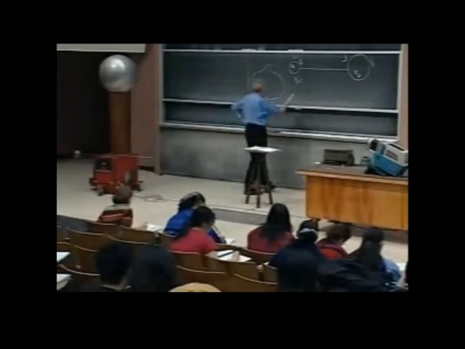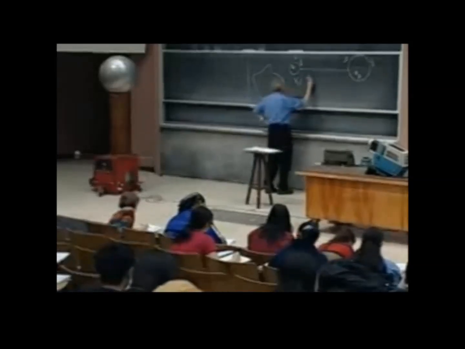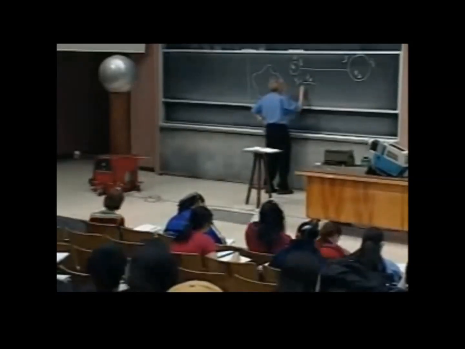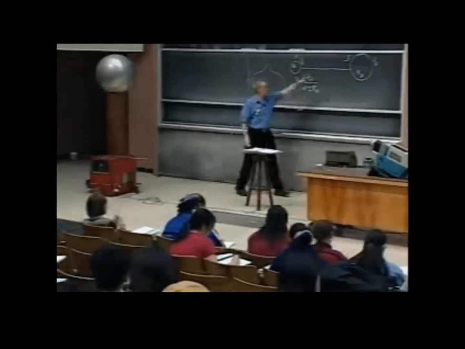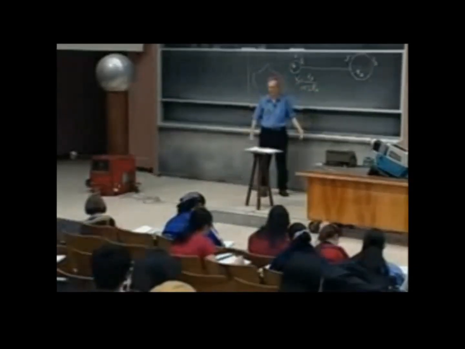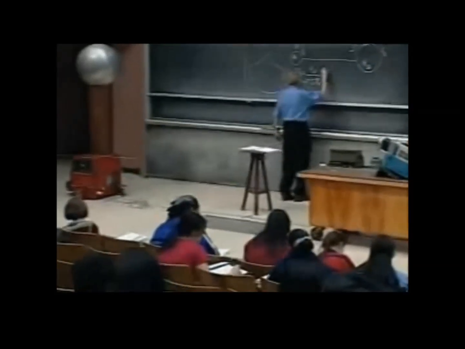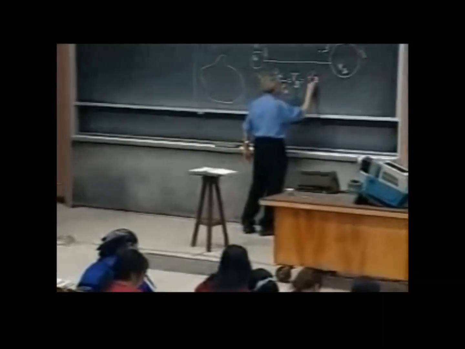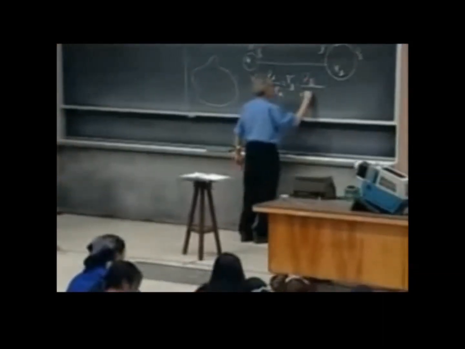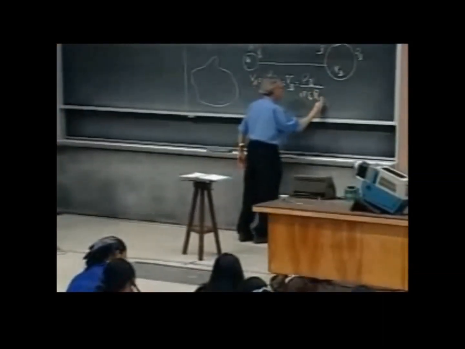And so the potential of A is then the charge on A divided by 4 pi epsilon 0 times the radius of A. But since this is an equipotential, because it's all conducting, this must also be the potential of sphere B, and that is the charge on B divided by 4 pi epsilon 0 r_B.